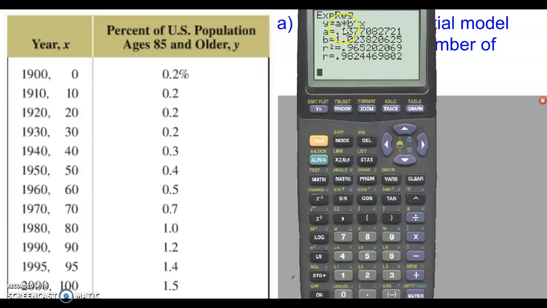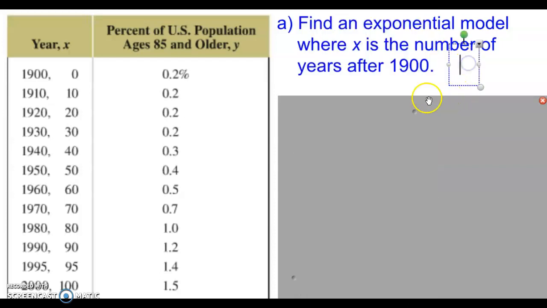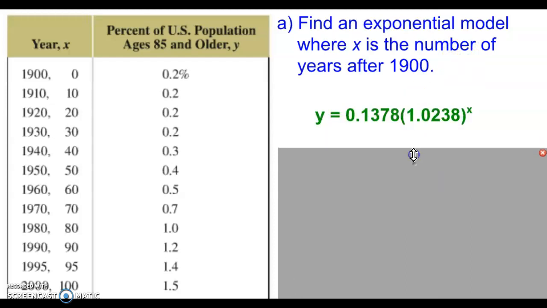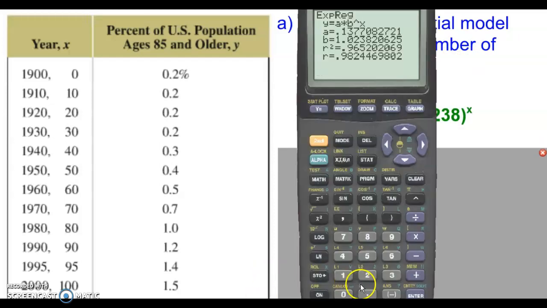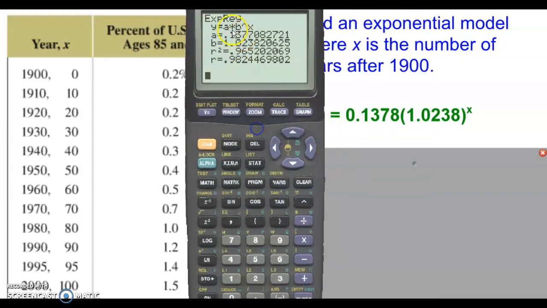So if I use maybe 4 decimal places to get the most accuracy, if I'm going to copy this down, pay attention to MyMathLab. What does it ask for? 4, 6, whatever number of decimal places, and round appropriately. For this one, I chose to round to 4 decimal places. So you can see, I'm going to move this over, how I just took my A, 0.1377, and yep, I keep it there.